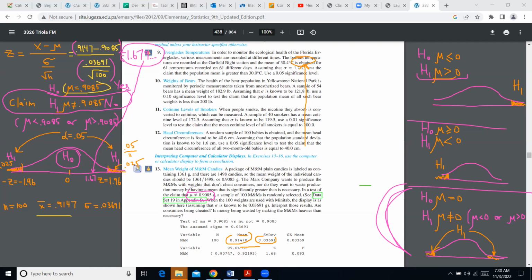So what they claim is not correct. So they probably better adjust their equipment to make sure that they give the right weight to their candies, because at this stage, they say there's something that's not correct. So here's, I think, the big idea of what's happening and how we can actually do various tests.